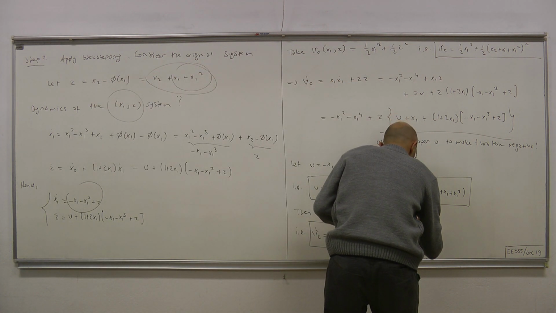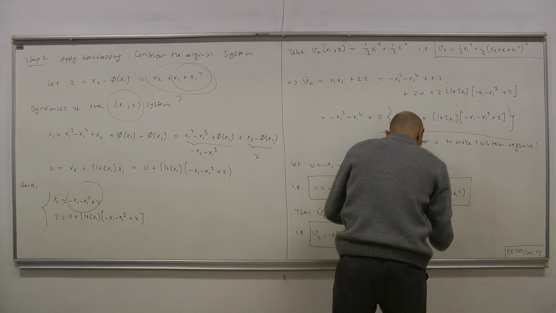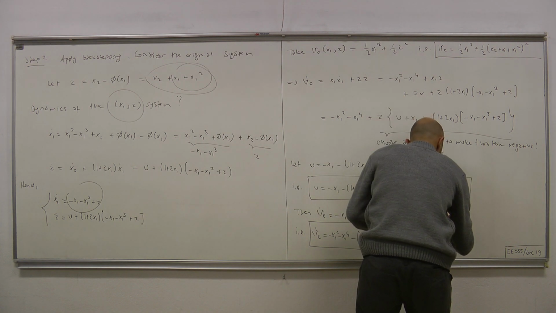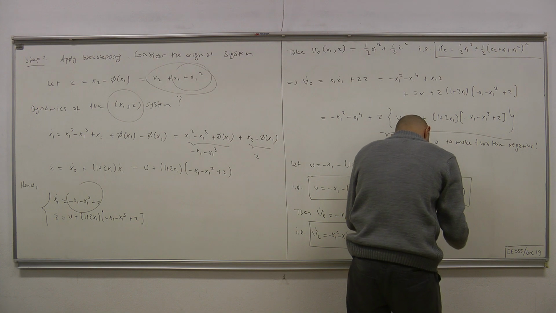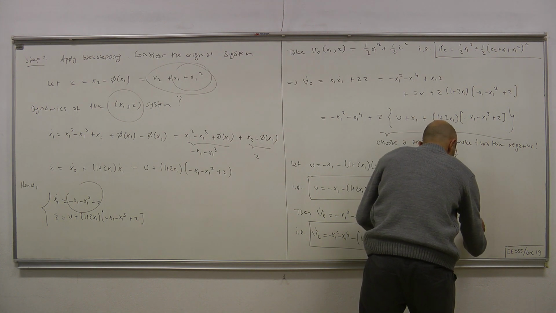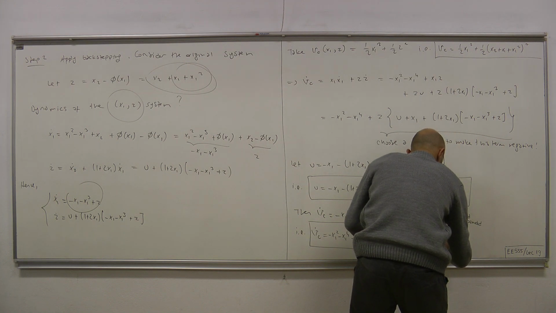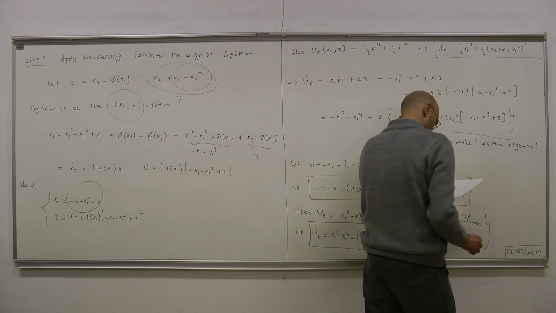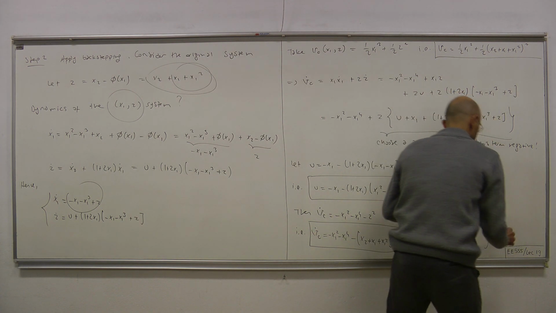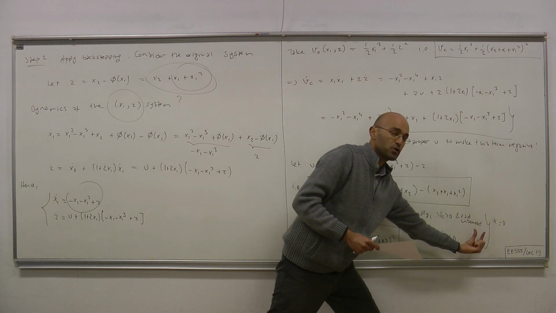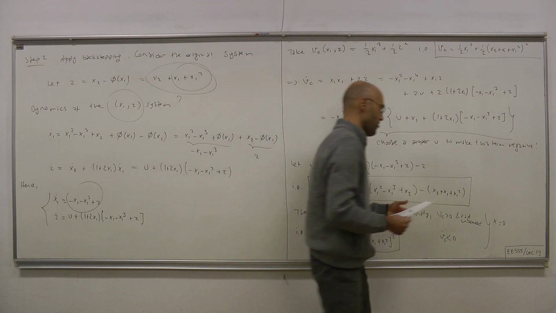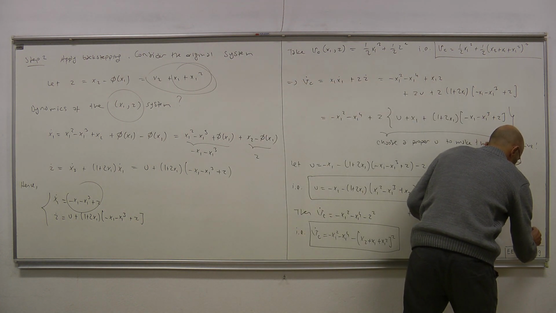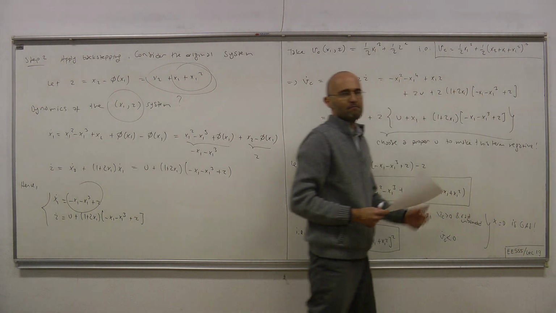So finally, we see that Vc is positive definite and radially unbounded, and Vc dot is negative definite. Therefore the origin x1, x2 equals 0 is globally asymptotically stable.